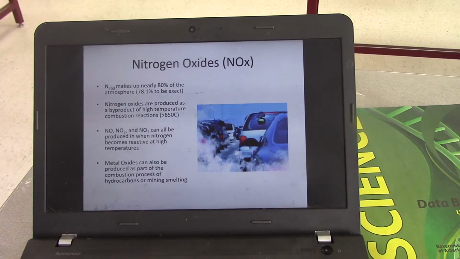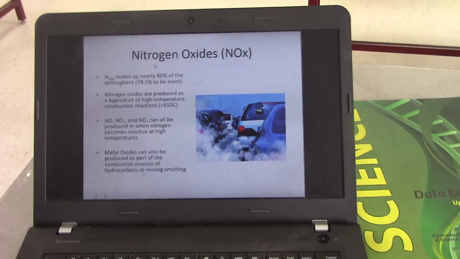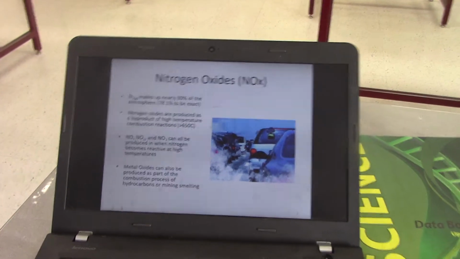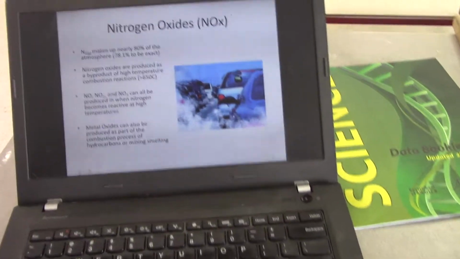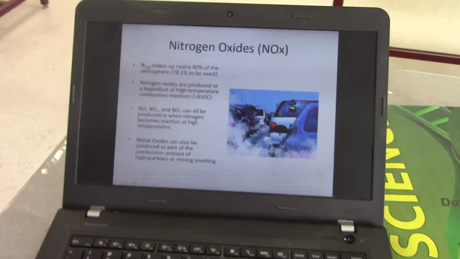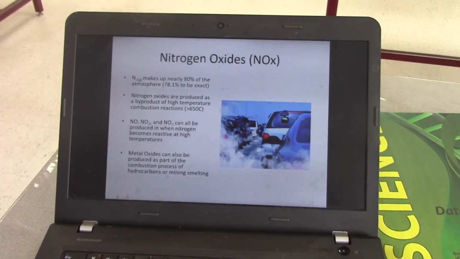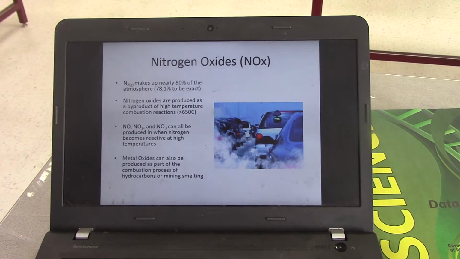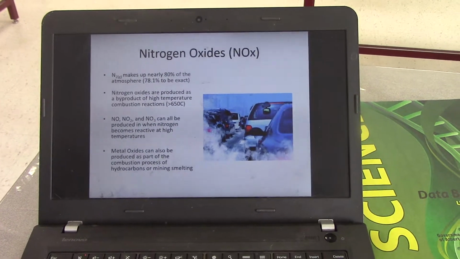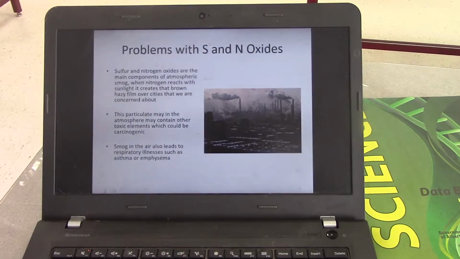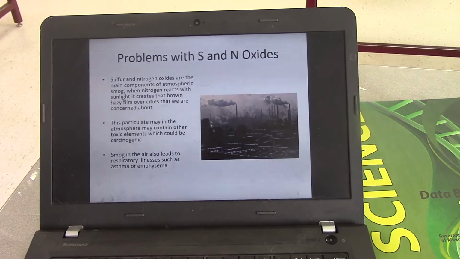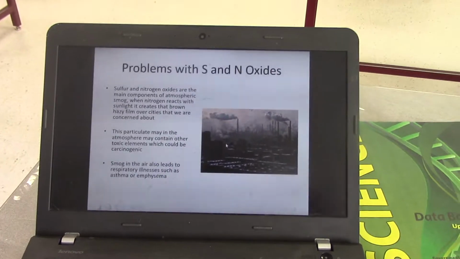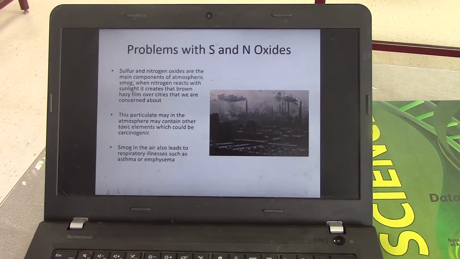Nitrogen is also a part of hydrocarbons, and we get nitrogen monoxide and nitrogen dioxide that can be spewed from exhaust or fossil fuel-based sources. That can create nitric acid when combined with precipitation.